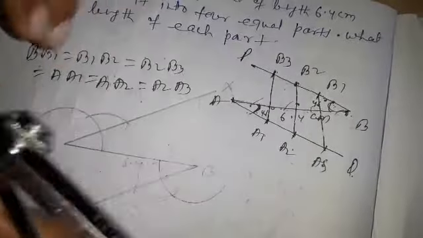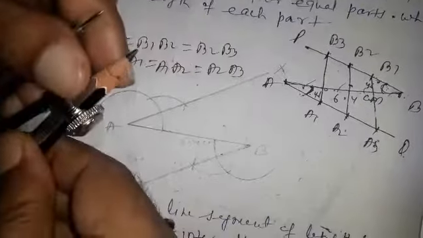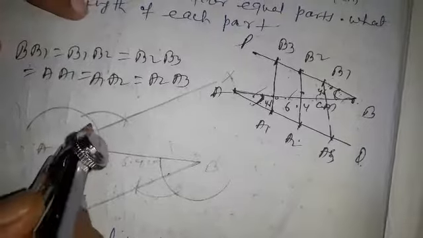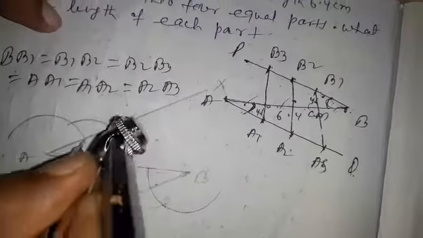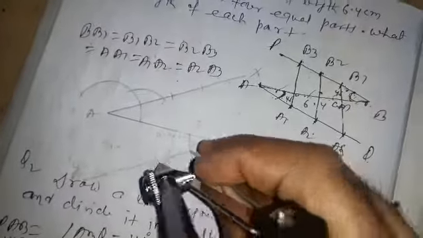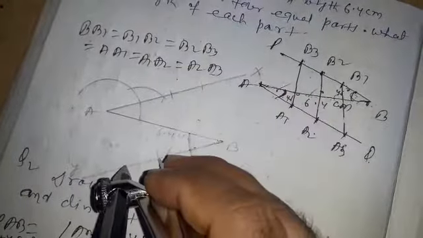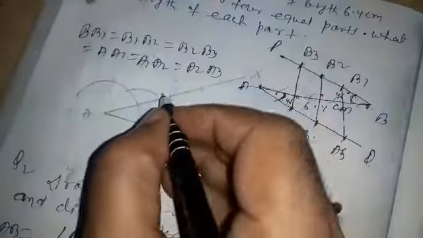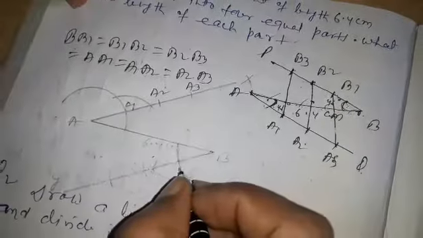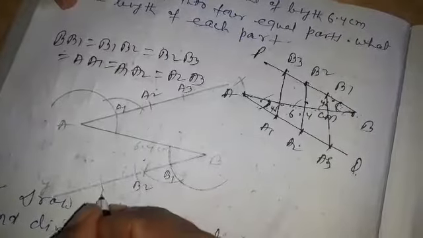We take arcs of equal length, 1, 2, 3, and here also 1, 2, 3, and name them A1, A2 and A3, B1, B2 and B3.